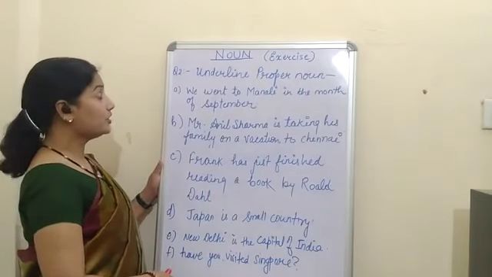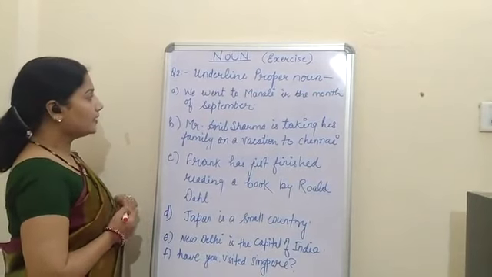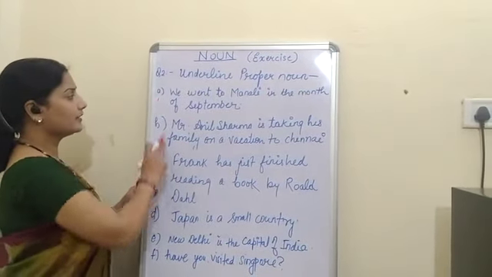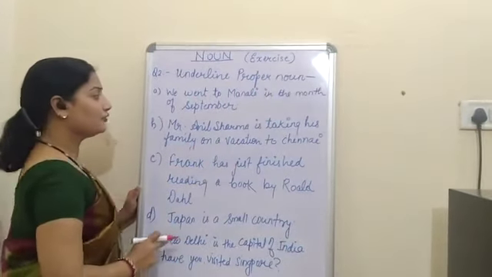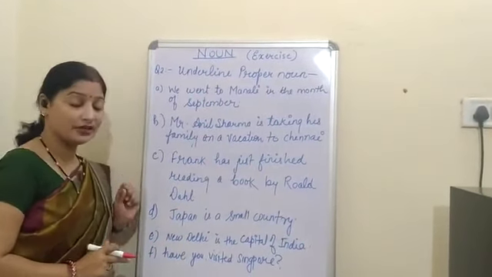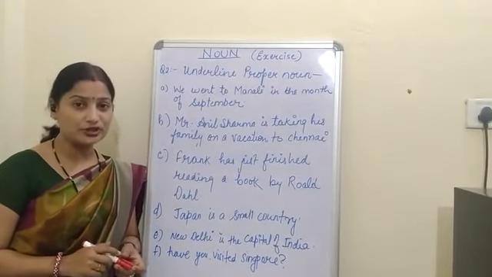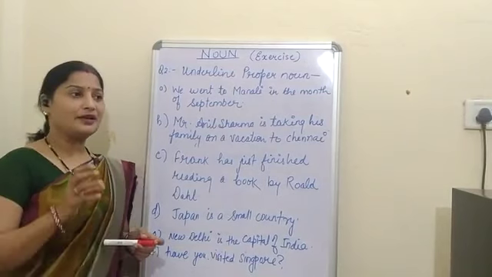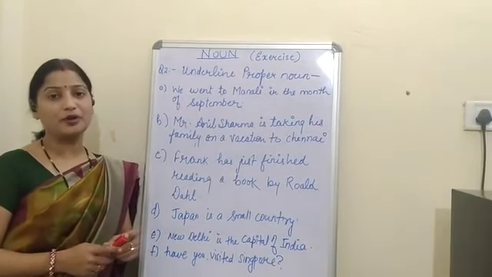Now question number 2 is underline the proper noun, and the first sentence is we went to Manali in the month of September. Children, if you remember about the proper noun, I taught you that if the names of places are there, then they can come under the proper noun.